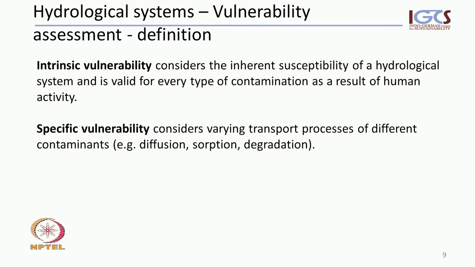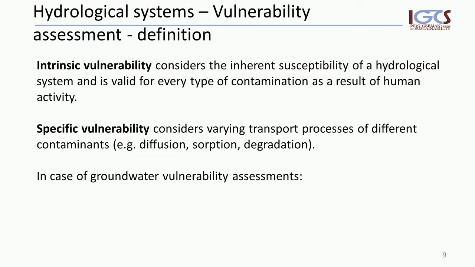And then we differentiate specific vulnerability, which considers varying transport processes of different contaminants. So one is looking at the contamination susceptibility as such, and the other is looking at the processes which lead to the mobility or the impact of the contaminants by diffusion, absorption, or degradation processes.